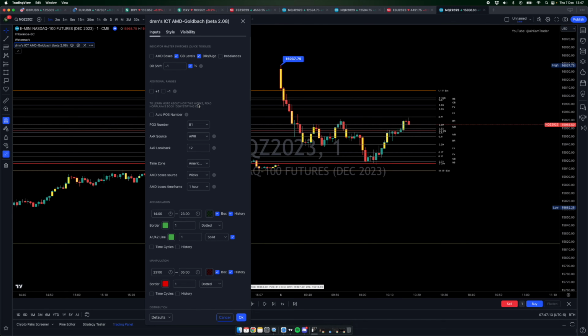Now, what does it mean to be half shifted? Whenever you produce an algorithm and you need to keep it secret, otherwise people can print money, you don't want it to be so simple that it forms the same price action again and again, so it can be easily deciphered. So there's a couple of things they've done within the algorithm and the Goldbach dealing ranges to make price action look different. Like I said, the high and the low will form at a certain place for the dealing ranges for each power of 3.